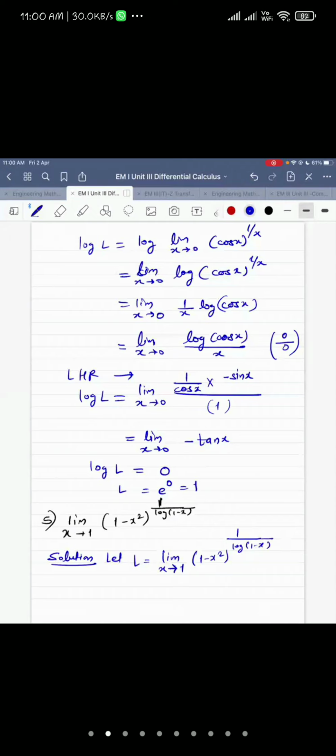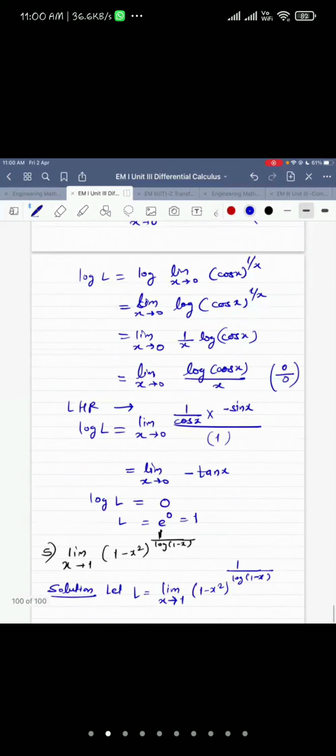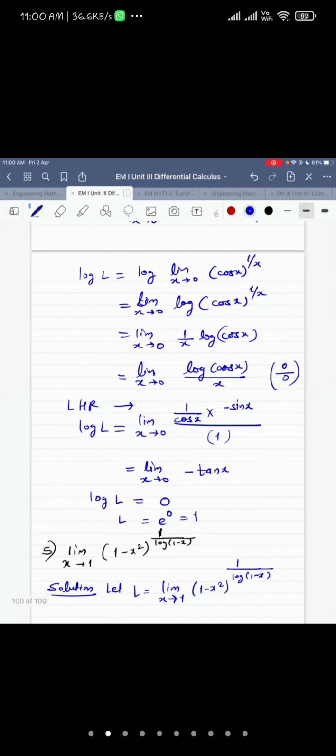Now tell me in which form it is. So when you put x equal to 1, it will give you 0. And 1 minus 1 is 0, log 0 is infinity, and 1 by infinity is 0, right? The form is 0 raised to 0. Check whether it is really clear to you.